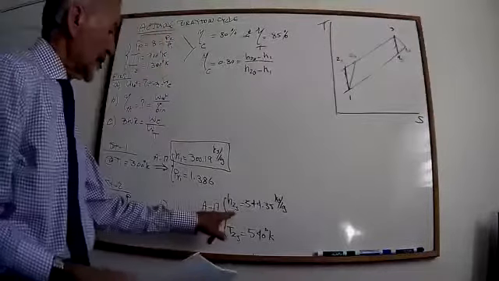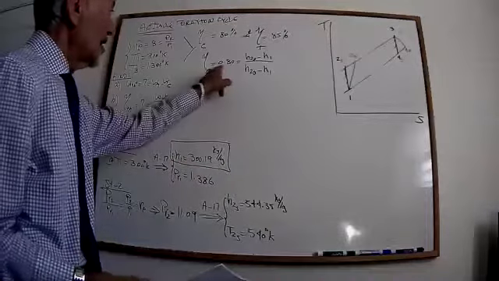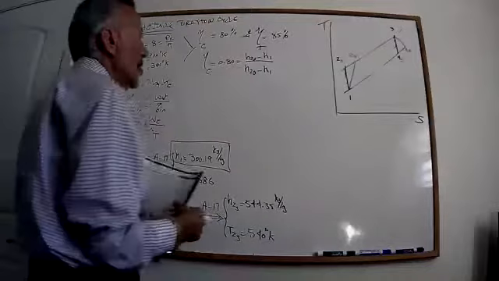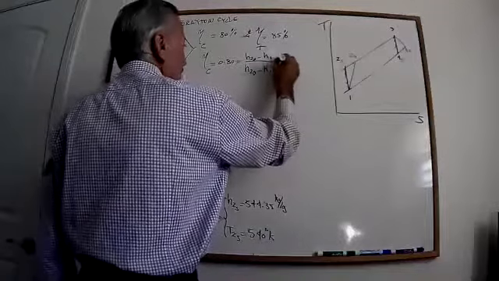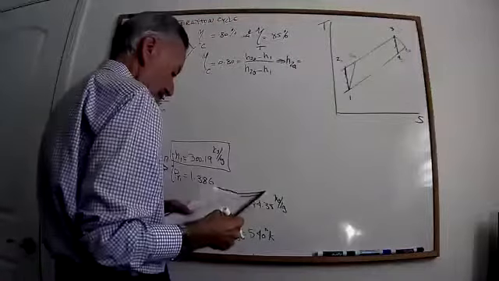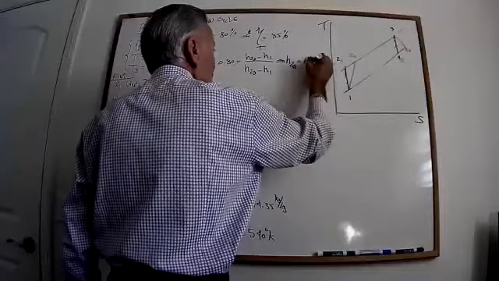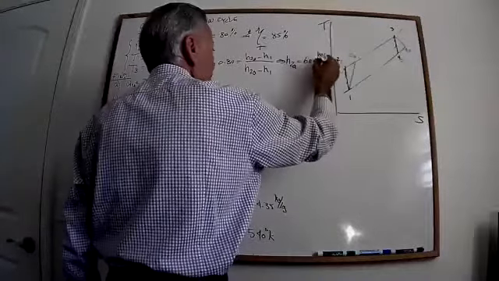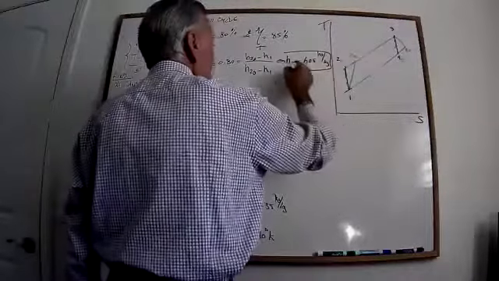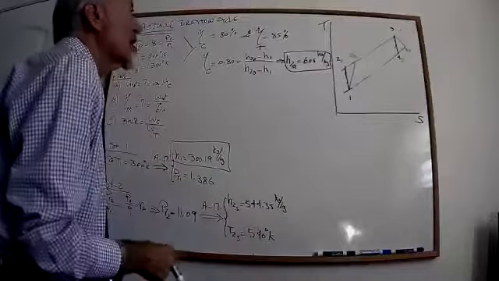Now, I already found H2S, I found H1, and this side is 0.80. One equation, one unknown, and after I calculate, I will find the H2A value to be 605 kilojoule per kilogram. This is the value that I need for my calculation, not the H2S value.